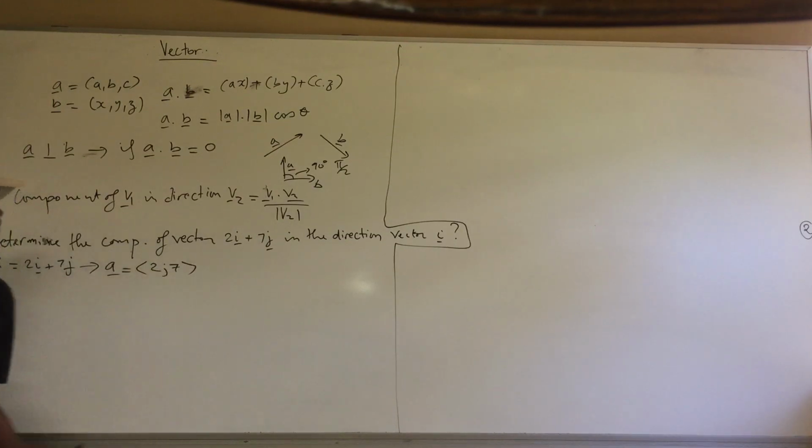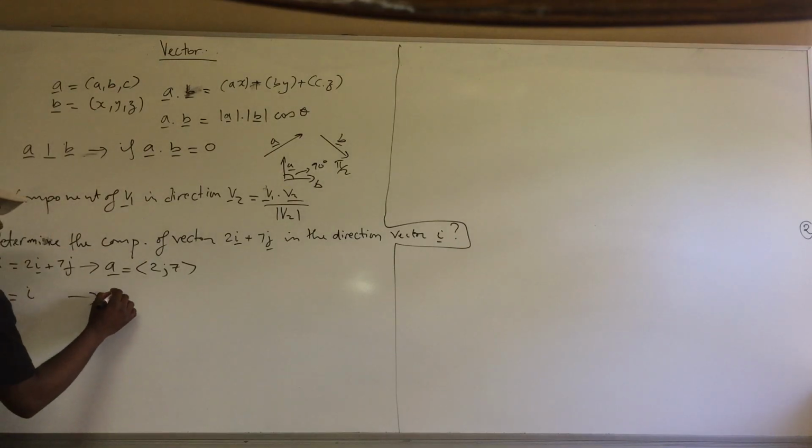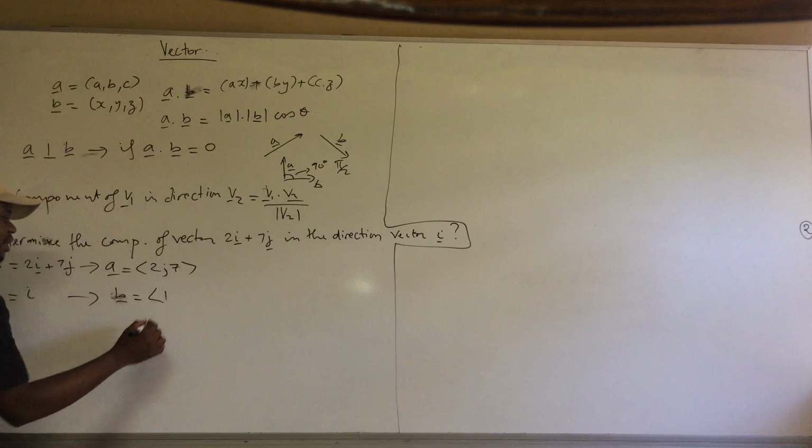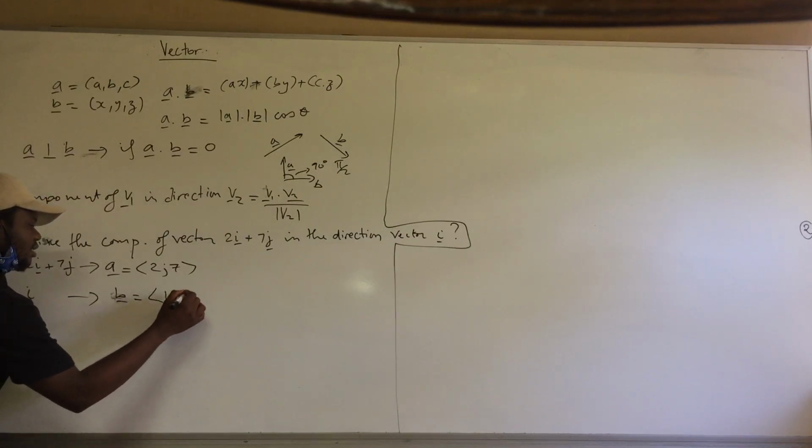And then the second vector i, let me call it B. It is i, which is 1 for i and 0 for j.